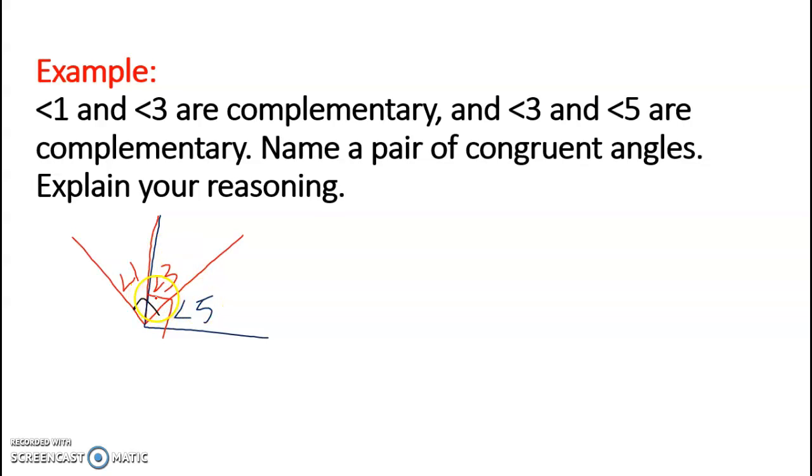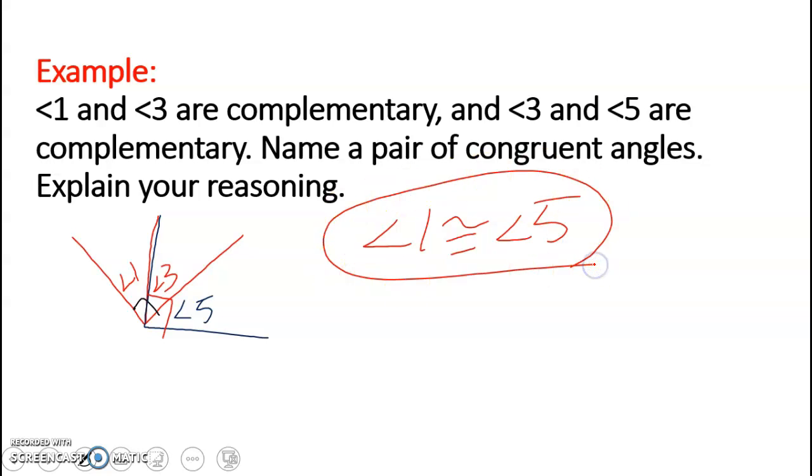Those two 90-degree angles both have angle 3 in common. So when that happens, angle 3 is equal to angle 3. Therefore, angle 1 is going to be congruent to angle 5. That's what that theorem is saying.